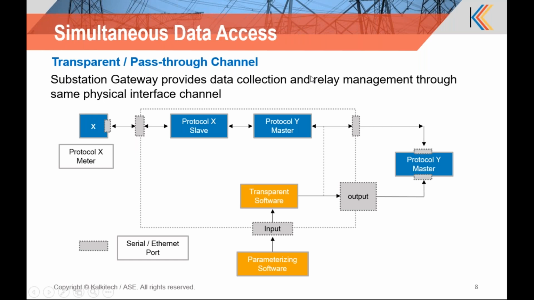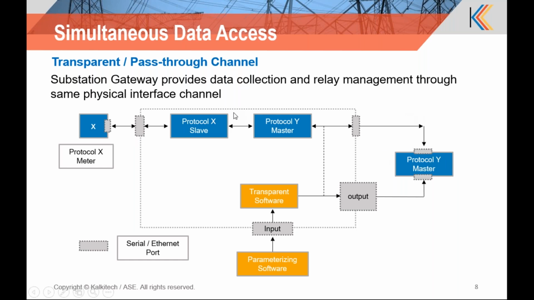Another key feature which enables all this is the pass-through channel. Most substations will have a single connectivity point to the relay, that is, a single port only, and we need to have protocol data taken from that port itself.